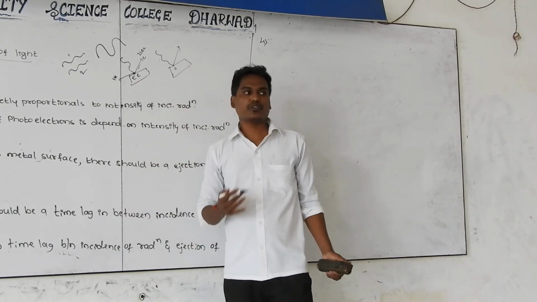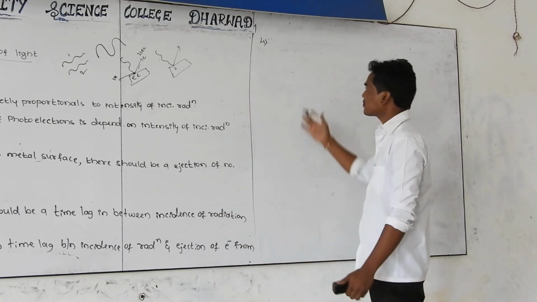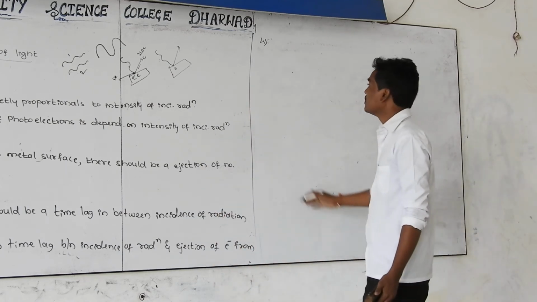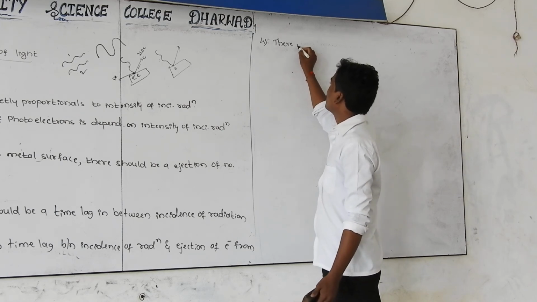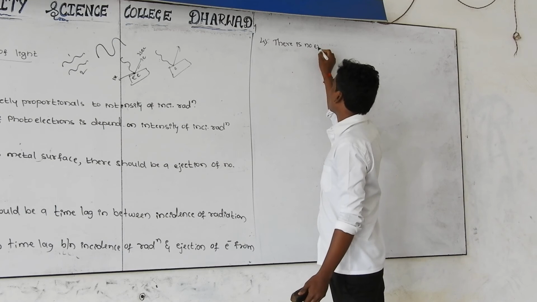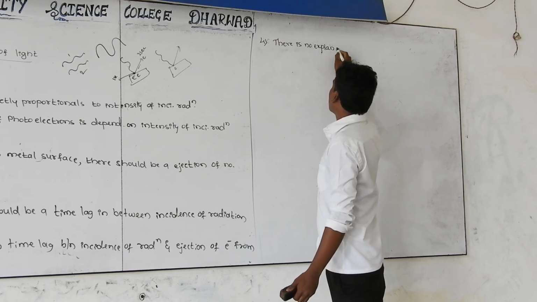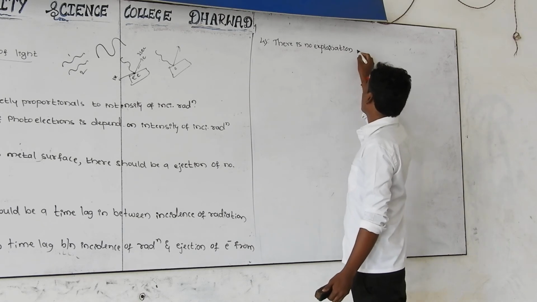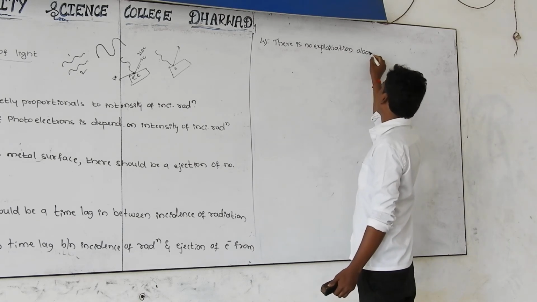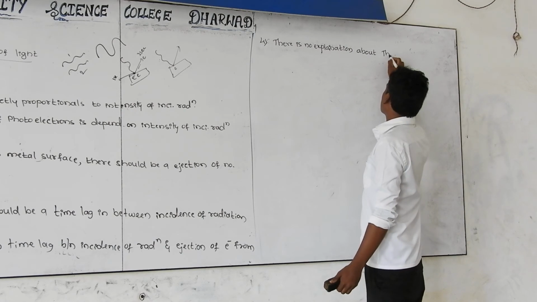Again, this is also the failure of which theory? Wave theory. And next, the fourth one, there is no explanation about threshold frequency.